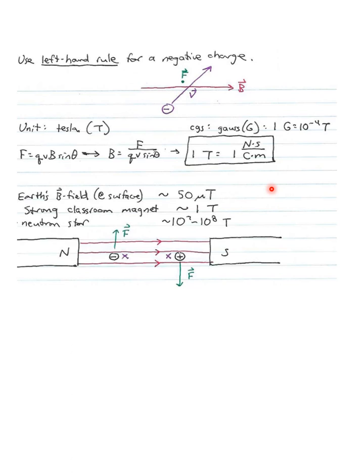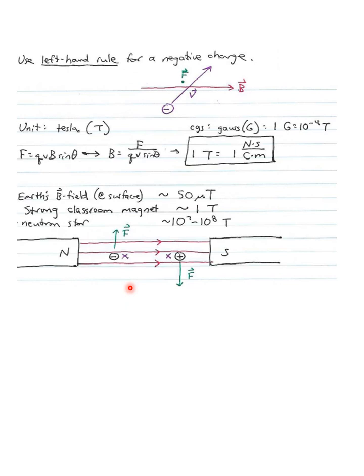Now imagine we shoot into the page an electron and a proton. So on the left, we've got an electron, we're shooting it into the page. So there, the X next to it is actually the vector going into the page. And you use your right-hand rule, and now is a good time to practice this using your right hand. So I'm pointing my fingers as I talk into the page. That's the direction of velocity.